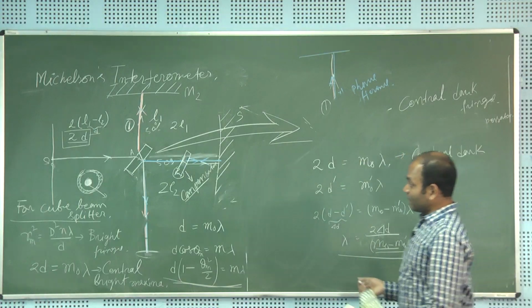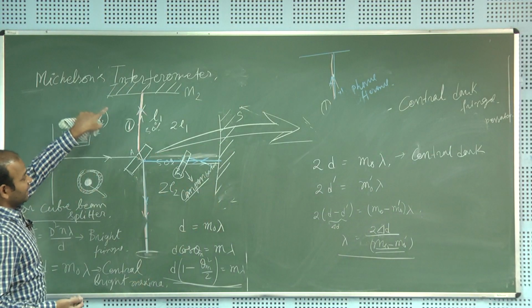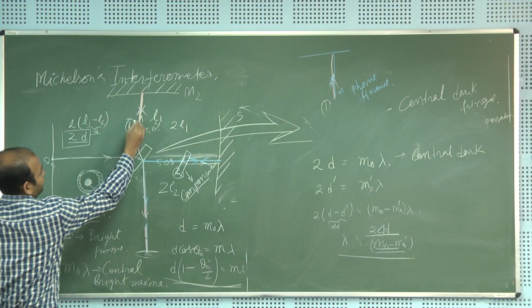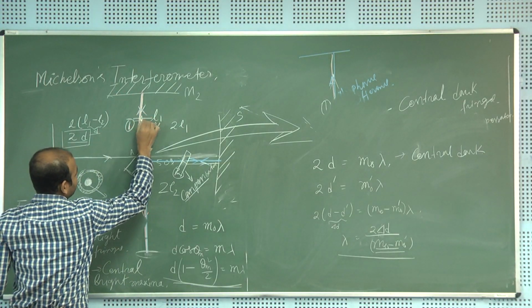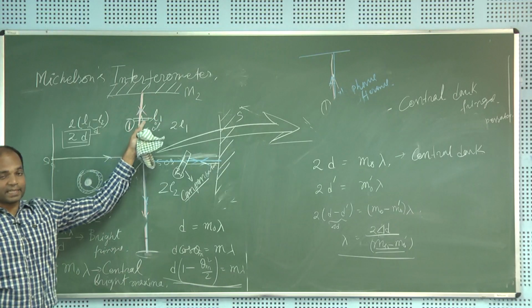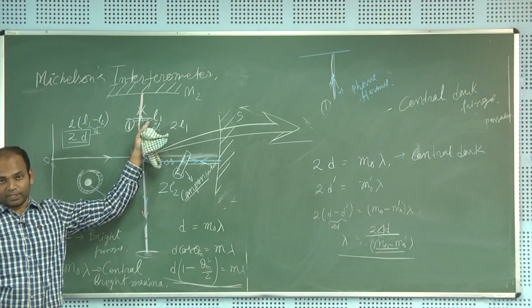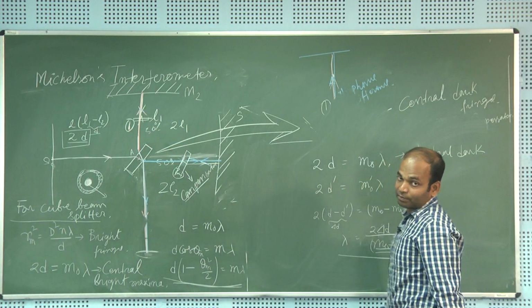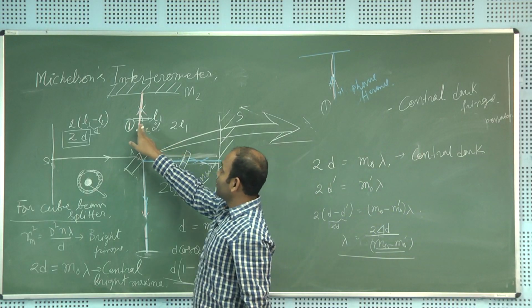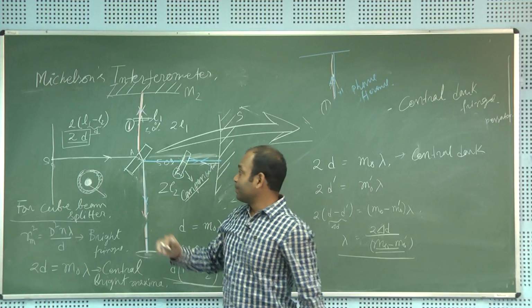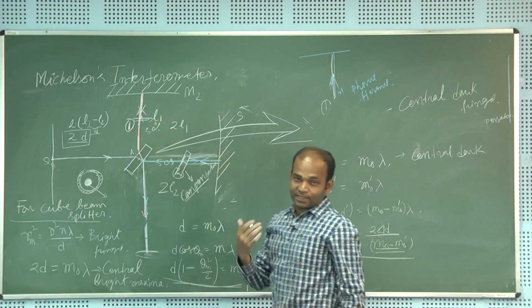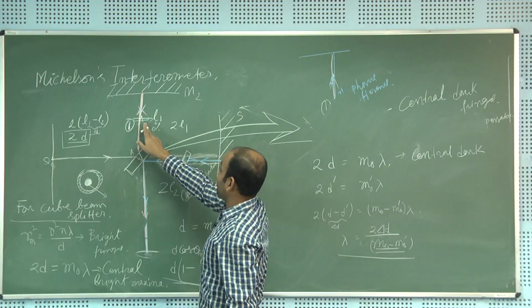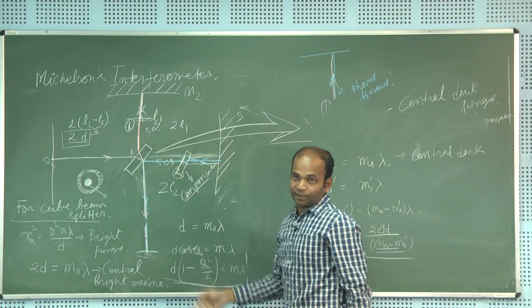There are other applications. As I mentioned, these two paths are highly separated, so you can introduce different kinds of elements here. I can put an element, let us say a thin transparent film, very thin, of the order of the wavelength or even smaller. By introducing this film, the fringes will appear or disappear depending on where you introduce it.